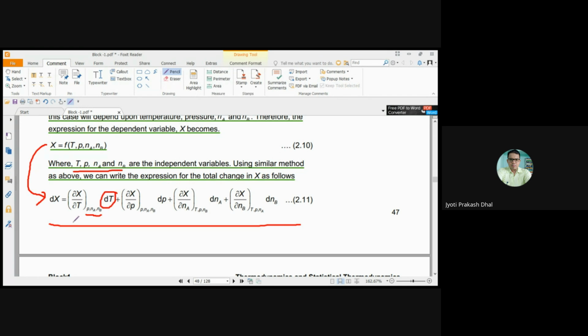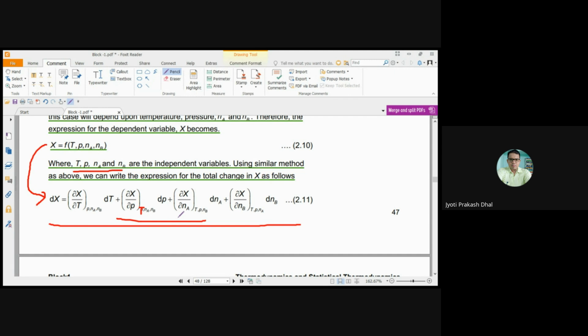That means in the first term, we are only changing the temperature of the system, keeping pressure, number of moles of A, and number of moles of B constant. Similarly, in the second term, we are changing the pressure of the system, keeping the rest constant. Actually, there is a printing mistake in this term, so that will be T, right?